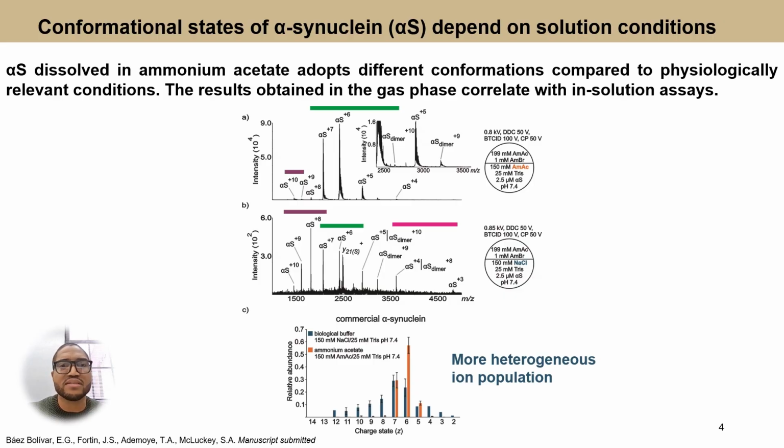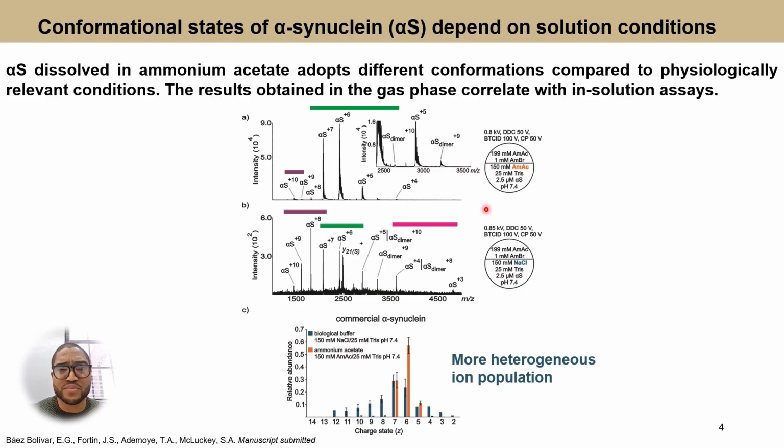Also, alpha-synuclein is involved in Parkinson's disease development, so it is therapeutically relevant. What we found out is that alpha-synuclein dissolved in ammonium acetate adopts different conformations compared to physiologically relevant conditions. And importantly, the results obtained in the gas phase correlate with in-solution assays under similar conditions.